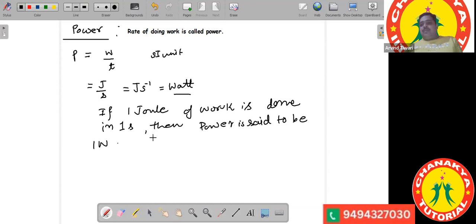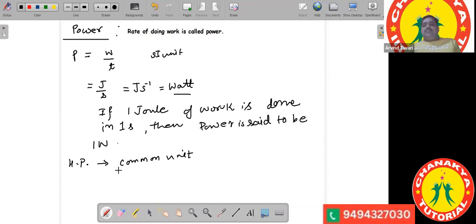Understood this? Now, this is the SI unit of power. Apart from the SI unit, we have certain other units of power, and those are horsepower or HP. This is a commonly used unit. Like for the measurement of mass, you have a unit of kilogram, you have pound, you have certain other units also. But kilogram is the SI unit and pound is from the other system of units, the FPS system.